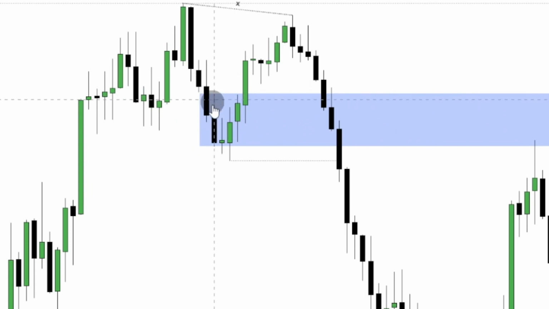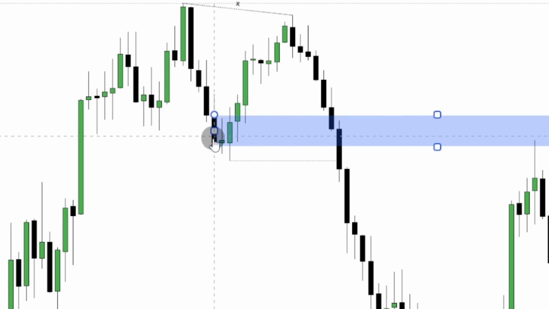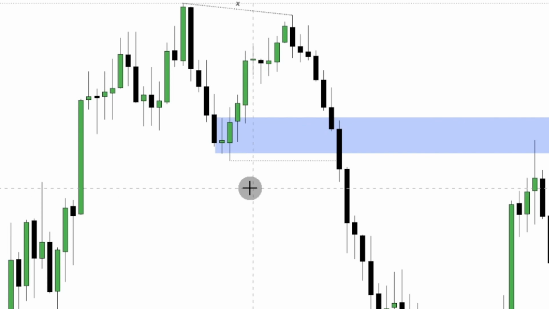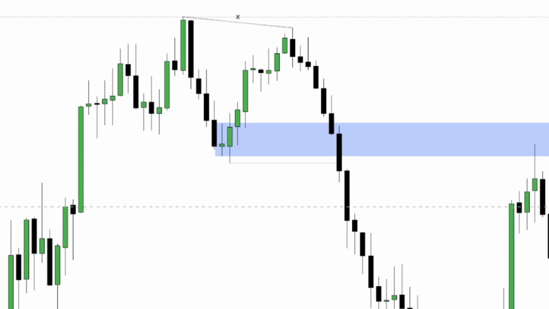And some people, you will see, draw them like this. They like to draw it from the lowest point. Sorry, my rectangle tool is messing with me. So you'll see some people like to draw them like this, which is personal preference.